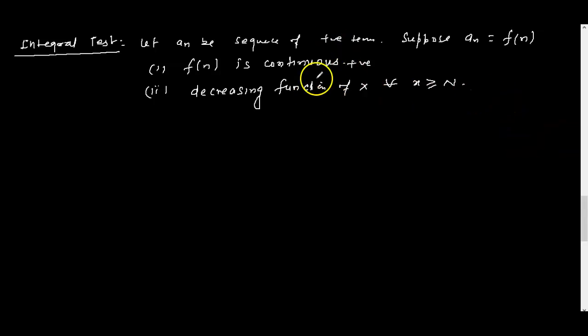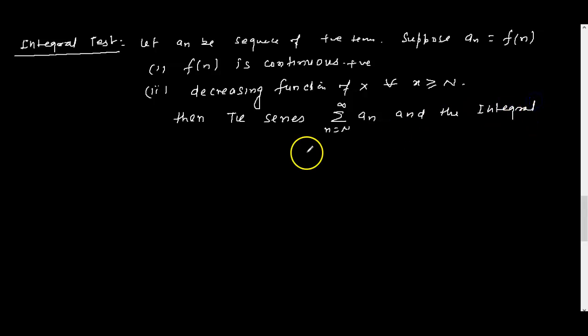Then if this condition 2 holds, we can write that the series summation of n equal to n to infinity of a of n, and the integral from n to infinity of f of x dx, both converge or both diverge.